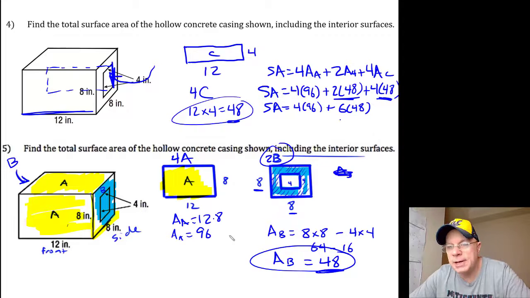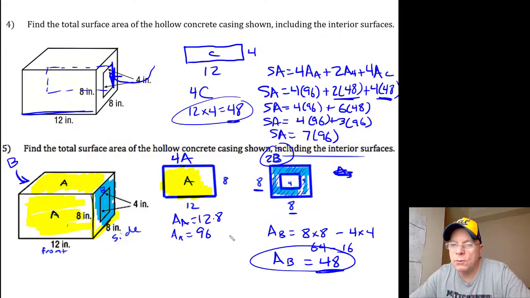So if I have 6 48s, don't I have 3 96s? And if I have 4 96s and 3 96s, that's a total of 7 96s, which is 630 plus 42, 672 inches squared.